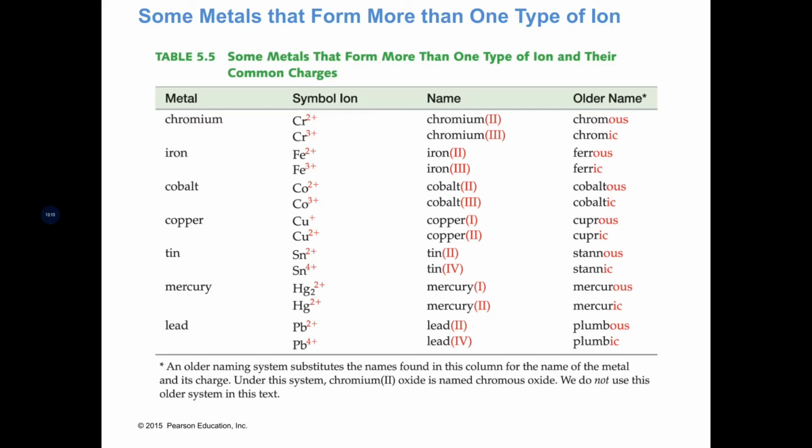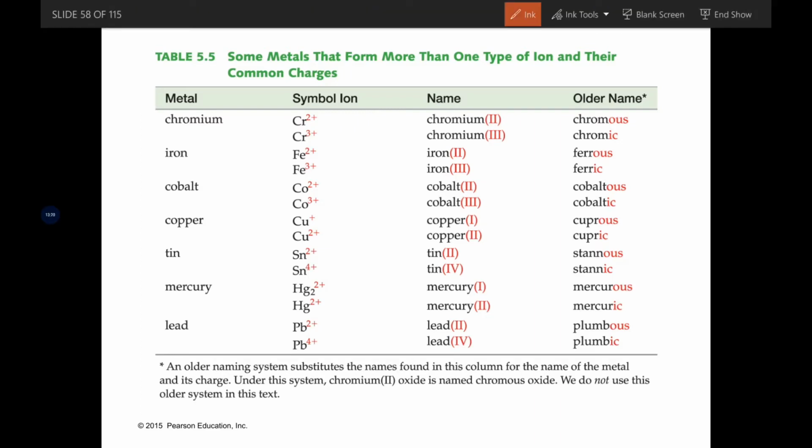Now the rest of the elements, and the common ones are right here. There are some more to this, but those are the common ones that we're going to learn about. Notice how chromium has 2+ and 3+, iron 2+, 3+, and so on and so forth. Notice they have multiple charges that they come in. The way we indicate those, the way we name them, the name is always followed by parentheses and a Roman numeral to indicate the charge.